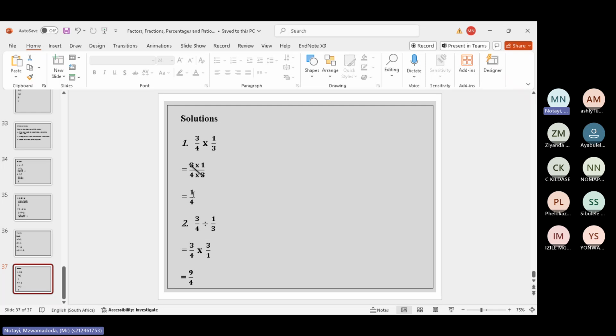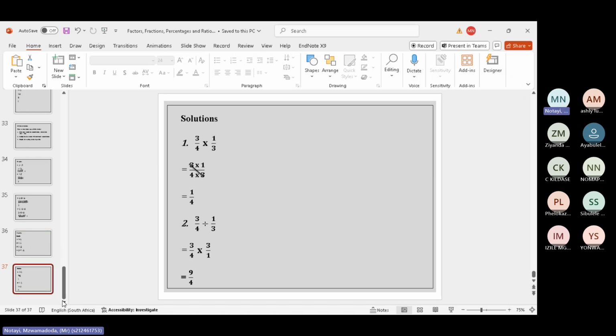So I see you got that one correct, guys. And then the second one is 3 over 4 divided by 1 over 3. So we invert the second fraction and change the division into multiplication. So we have 3 over 4 multiplied by 3 over 1, which gives us 9 over 4.